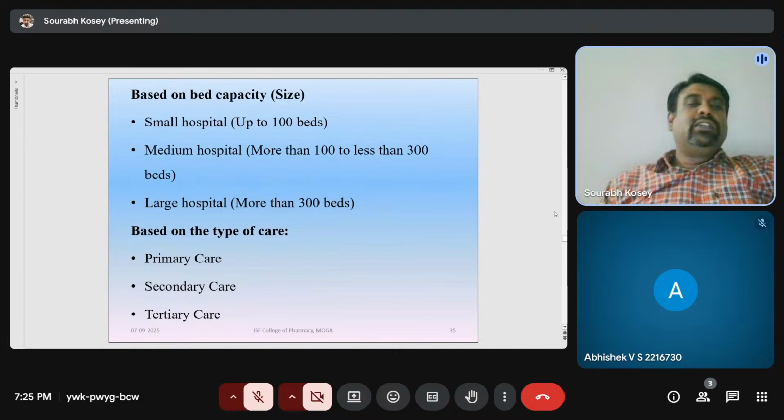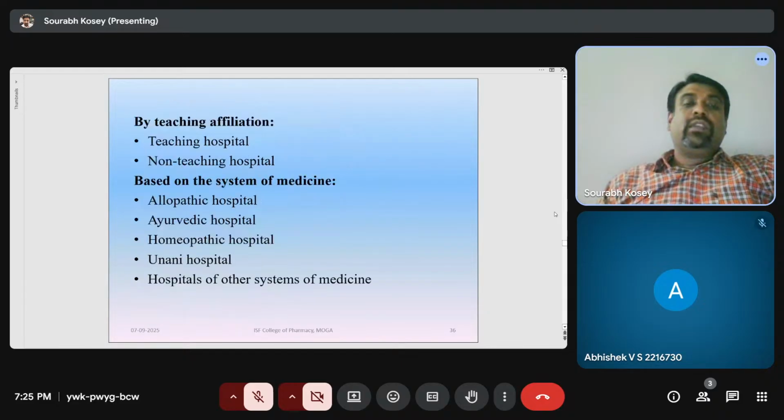The next classification is based on bed capacity, which is a small hospital or medium hospital: up to 100 beds, or more than 100 to less than 300 beds. A large hospital has more than 300 beds. Based on the type of care, it is primary care, secondary care, or tertiary care. Then by teaching affiliation, there are teaching hospitals and non-teaching hospitals.